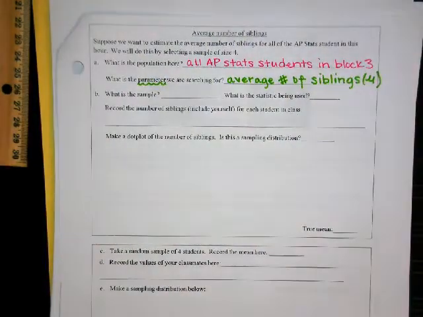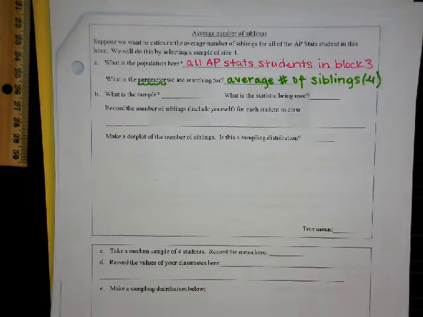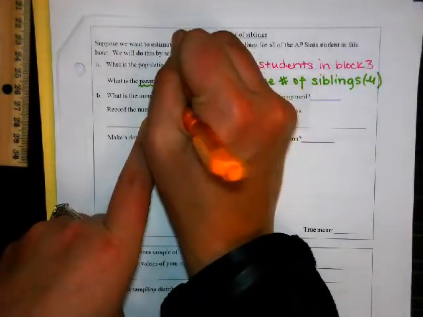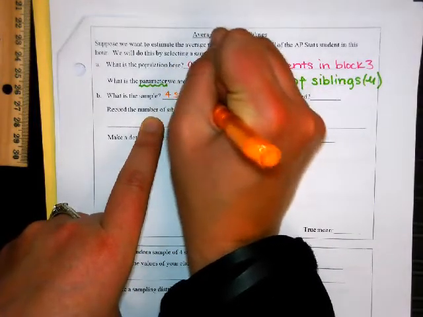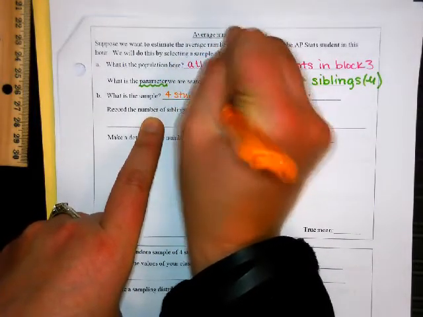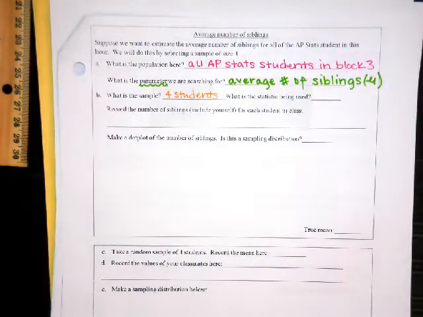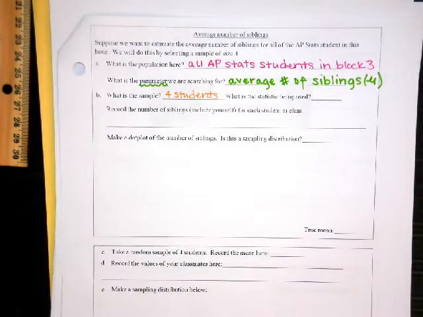Sample size, I guess, is really what I should say. I heard somebody say 4. We're going to look at 4 students for our sample. And when we're working with means, our statistic notation is what? Mu is the parameter. What's the statistic? X bar.